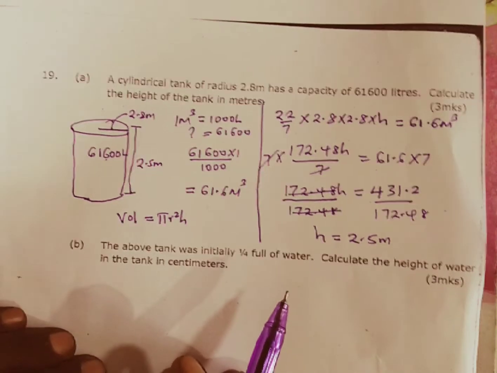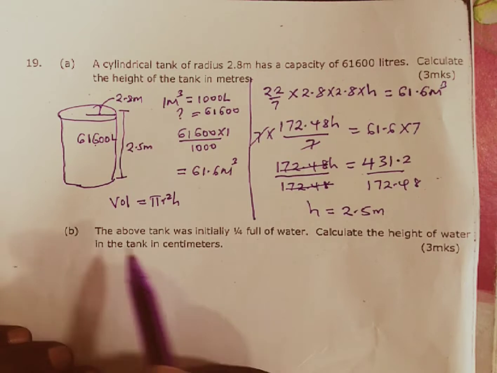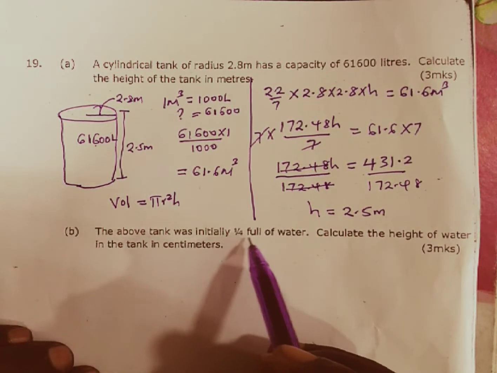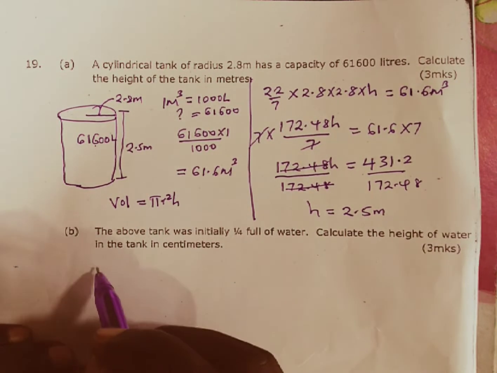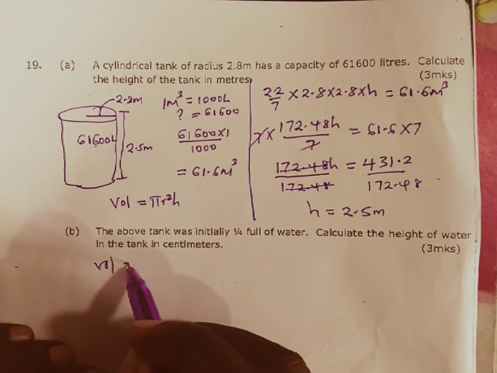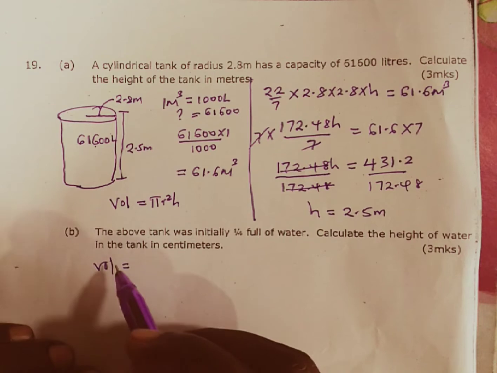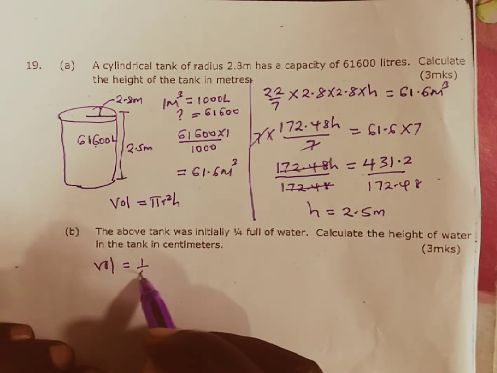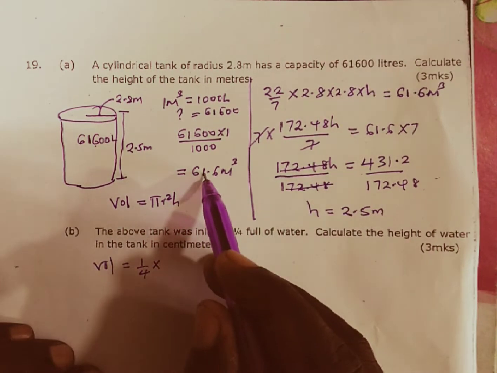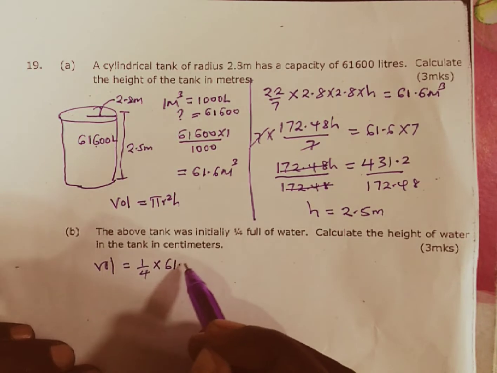We move down. B, the above tank was initially a quarter full of water. So let us get the volume that was initially there. To get the volume of the water initially in the tank, you take a quarter times the volume in meter cubic, which is 61.6.